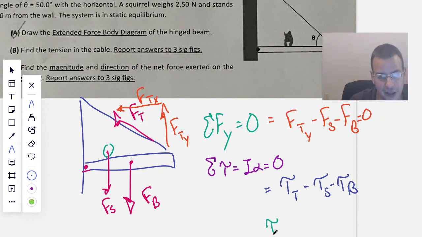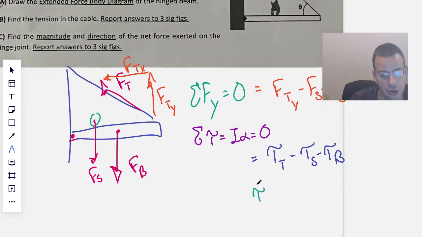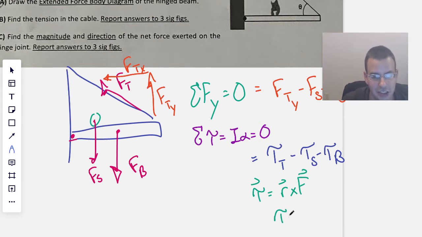Looking at the definition of torque, which is a vector, equals radius cross product force. Another way of writing this, without the vector symbol, is torque equals RF sine theta, where theta is the angle between the two of them.